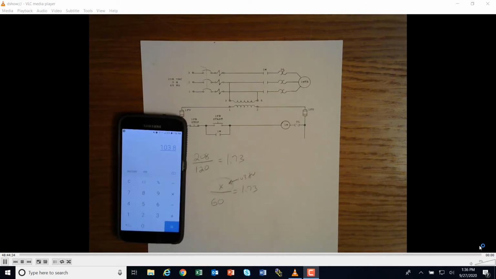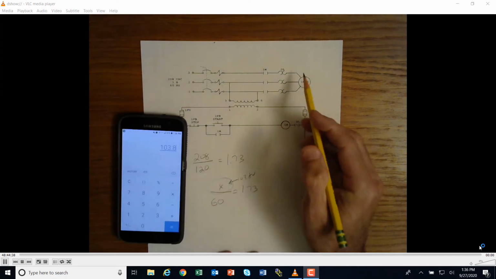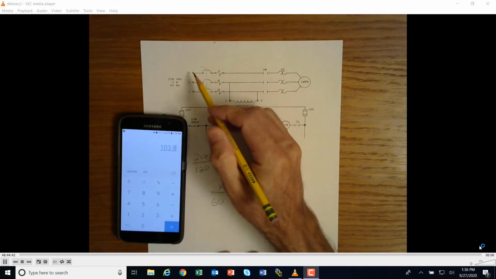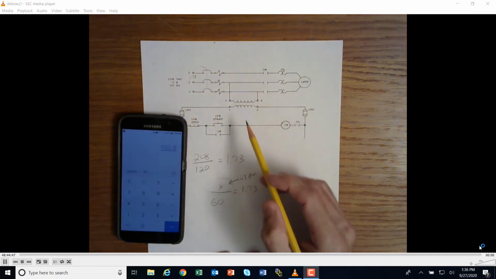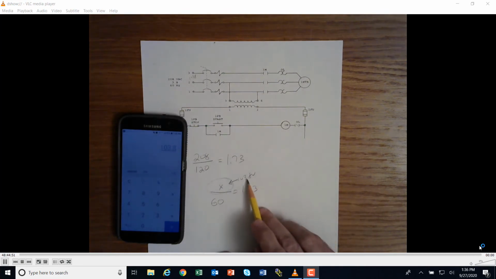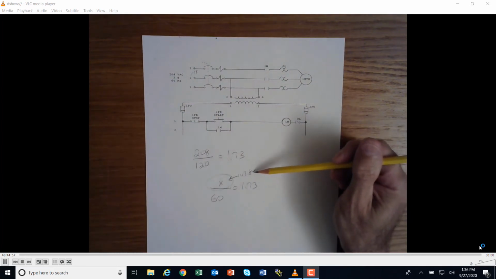103.8 volts. Wow. So that's pretty interesting because that means that this voltage up here between the three phases was dropping down to 103.8. And when you run the transformer, 1.73 steps gives you about 60 here. So 103.8, or 104, is pretty low voltage.